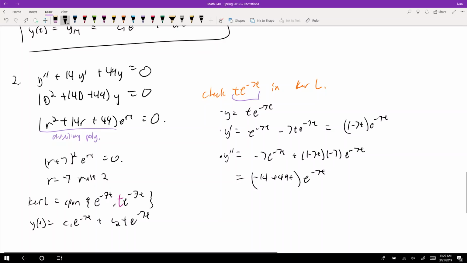Okay, so now remember, I have y double prime plus 14y prime plus 49y is equal to 0. So I want to show that this is, in fact, what works.